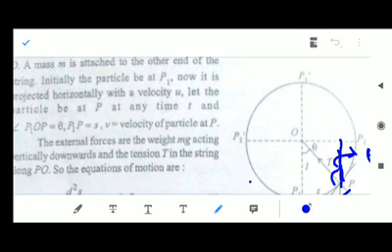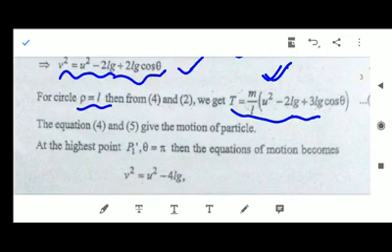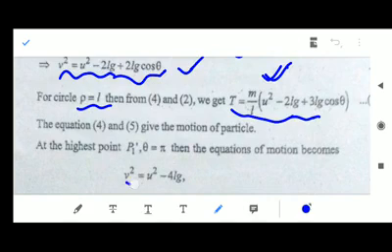After covering the semicircle, it is at P1 dash, so for P1 dash we have theta equal to pi. So at the highest point P1 dash, theta equal to pi, the equation of motion becomes this on putting the value of theta. Cos pi is minus 1, so we get this.